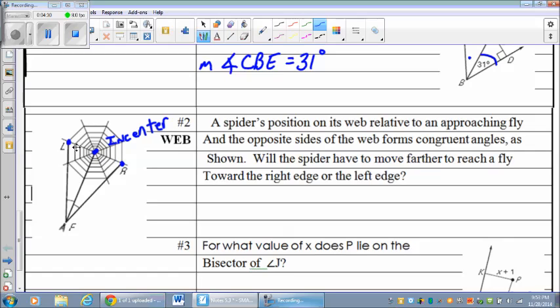Okay, since this is the incenter, then that means it's actually perpendicular, and that means these have got to be congruent to each other. So neither side will be farther since they are equal distance.